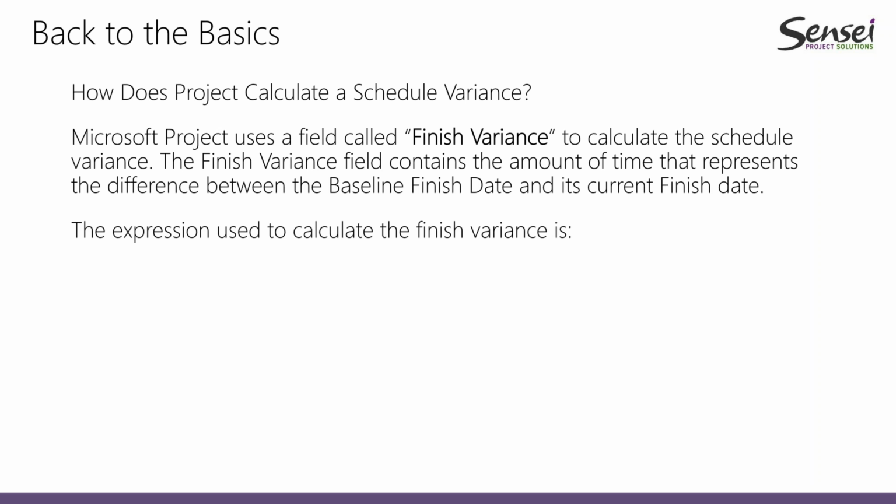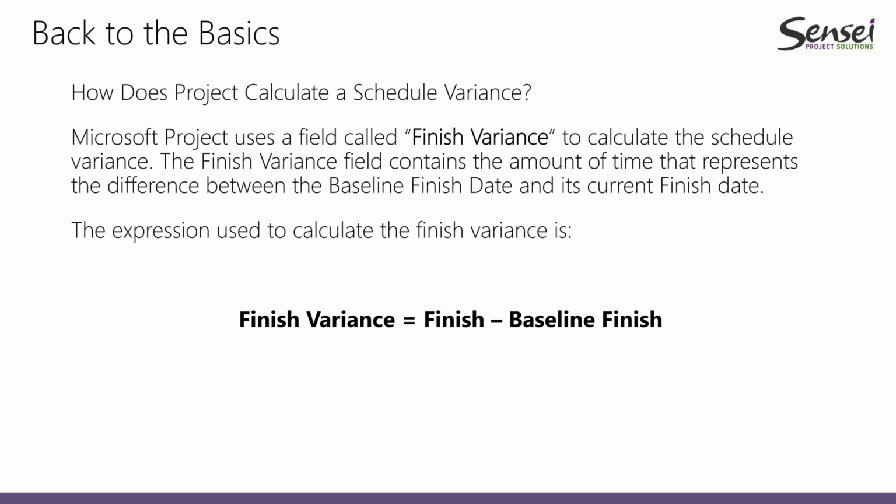Microsoft Project uses a field called finish variance to store the schedule variance, and the formula used is the current finish date minus the baseline finish.